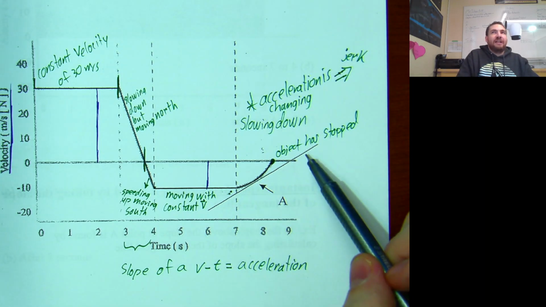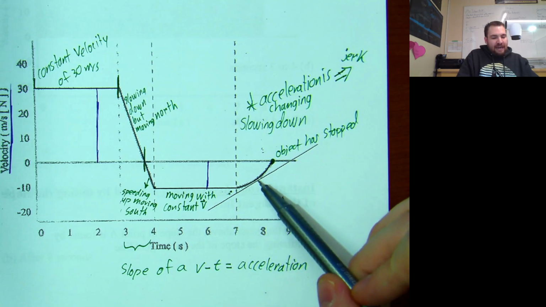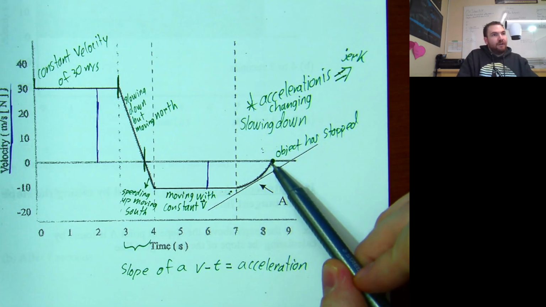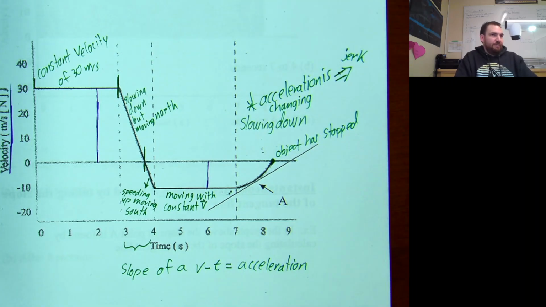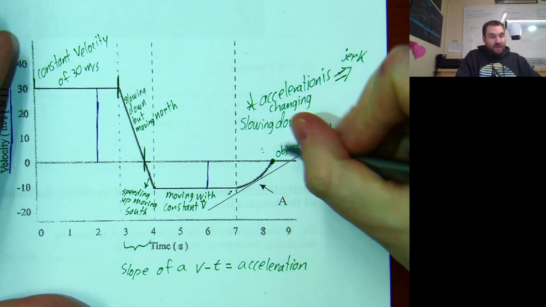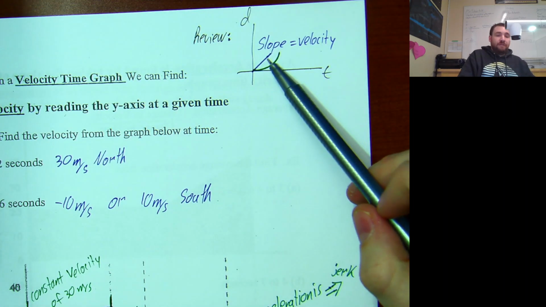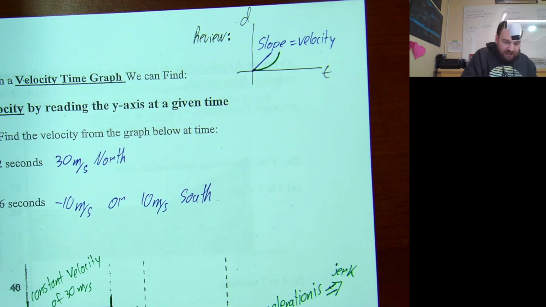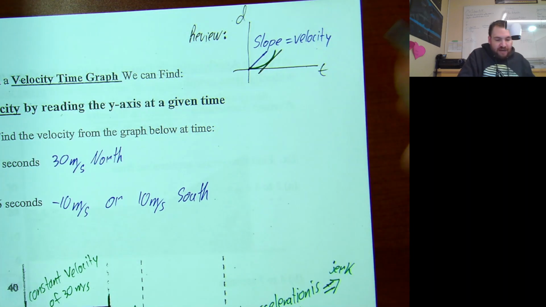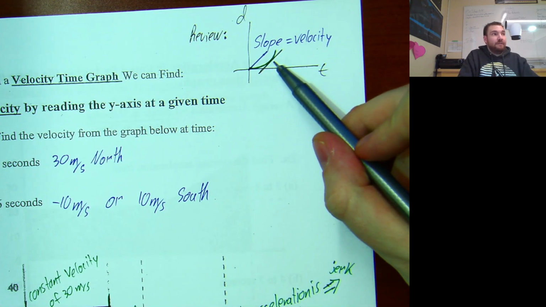So a tangent line on a curved section of a VT graph would give us what, do you think? What kind of acceleration? On this kind of graph, if I drew a tangent line and found the slope of that tangent line, that gave me what?